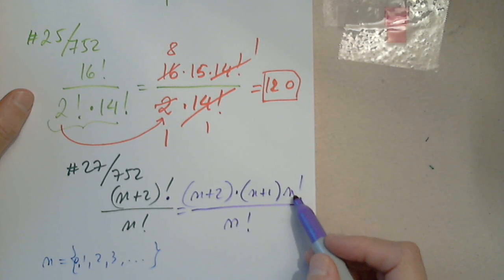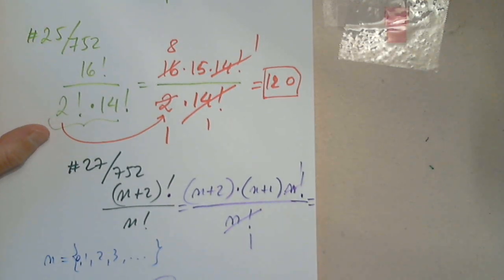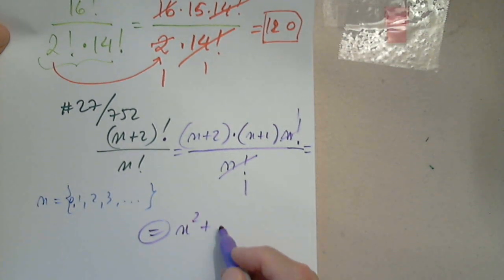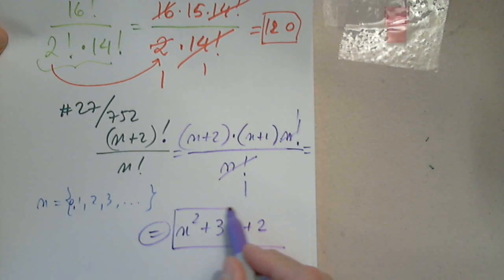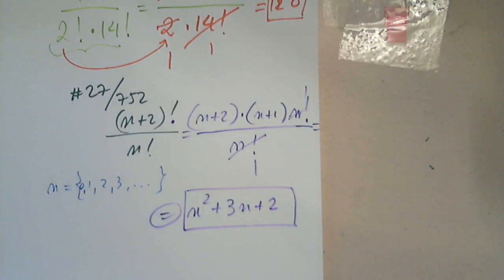Thank you. And I'll stop because I see this. So then the simplified form of this expression will be, after I distribute, n squared plus 3n plus 2. And this is how factorials work.